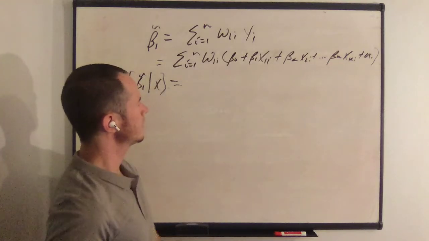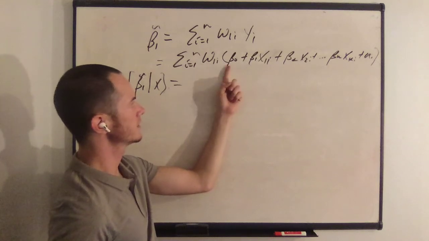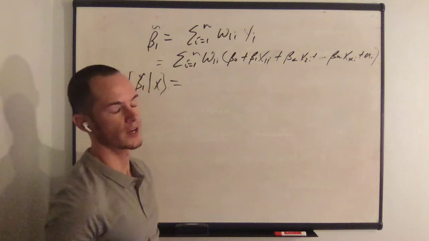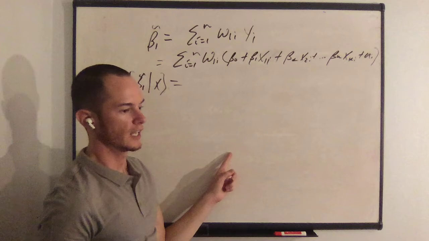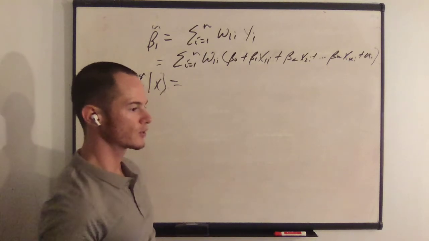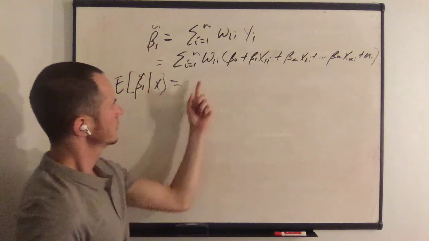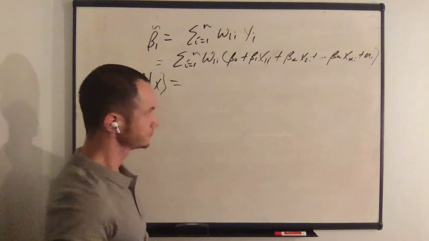And note that the w1i is a function of the x's. The beta naught, beta 1, beta 2, beta k, those are parameters. Those are not random variables. So the x's are treated as fixed in repeated samples. The betas are parameters. So neither of these things are random variables, and so they can be pulled out of the expectation.